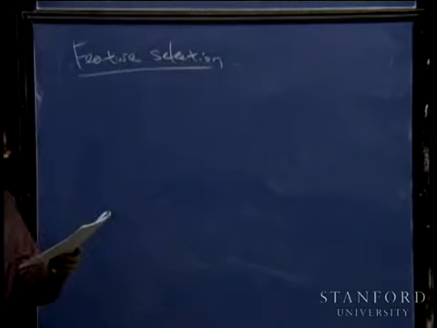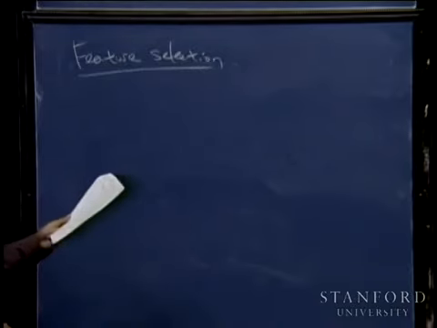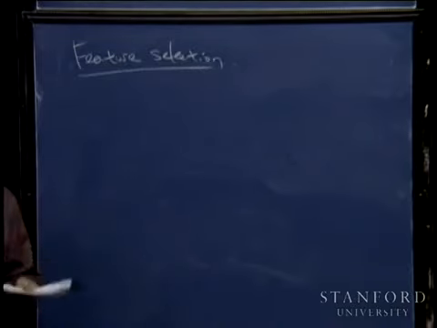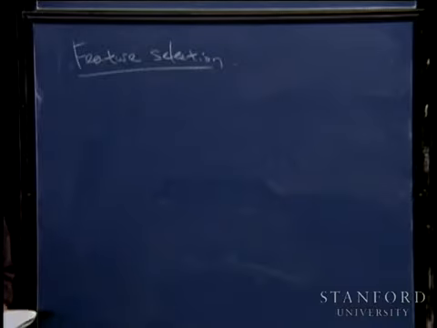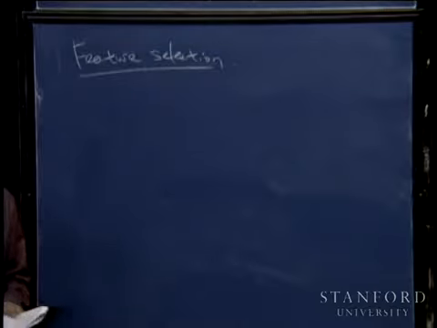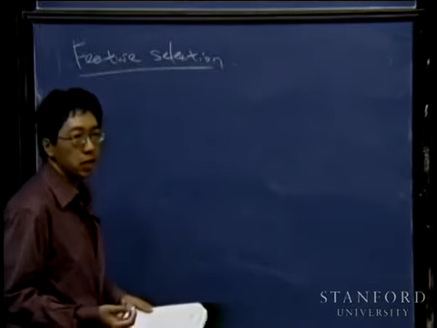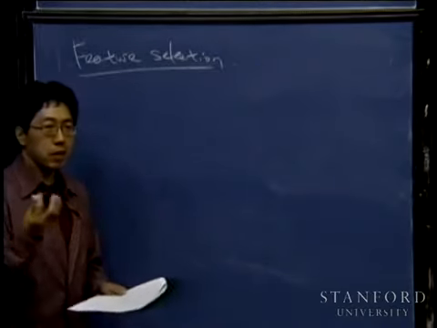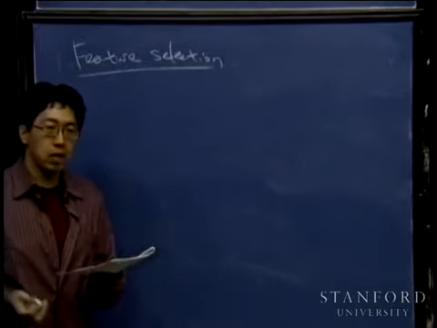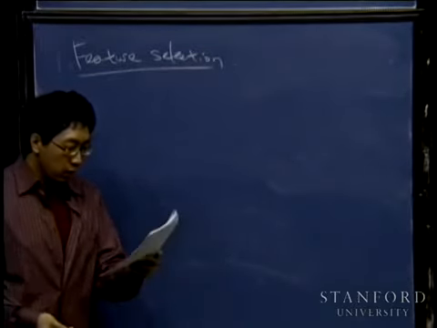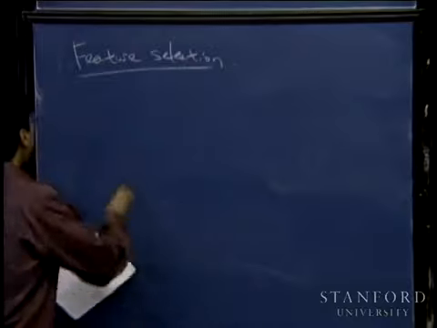So in feature selection, we would like to select a subset of the features that are, hopefully, the most relevant ones for a specific learning problem, so as to give ourselves a simpler hypothesis class to choose from, and therefore reduce the risk of overfitting, even when we may have had 50,000 features originally. So how do we do this?